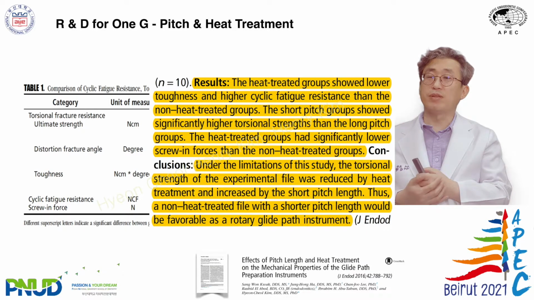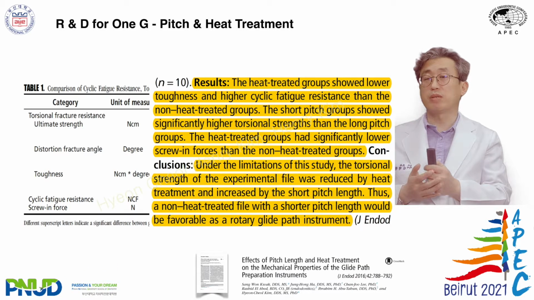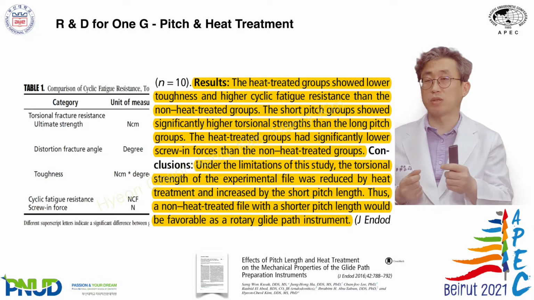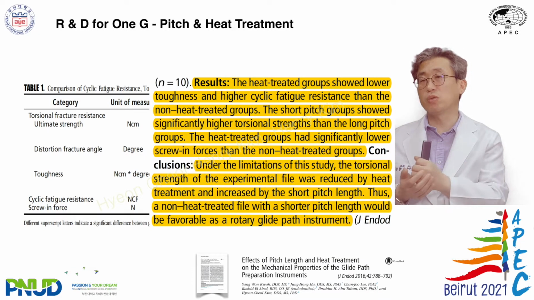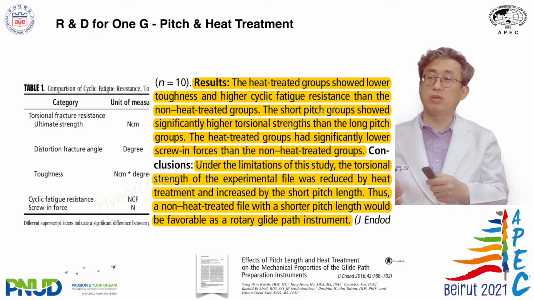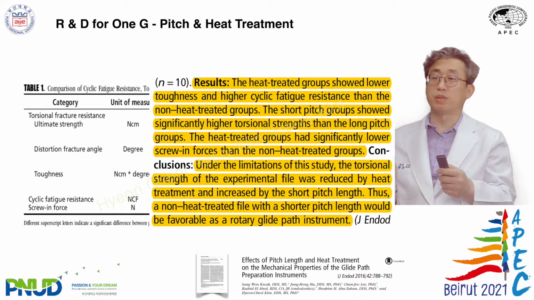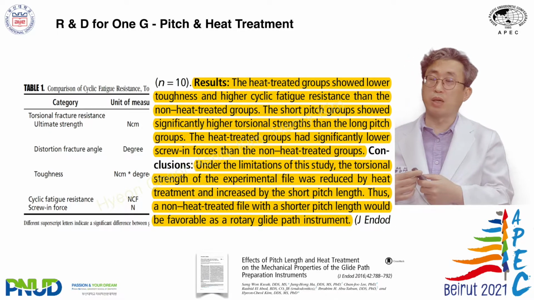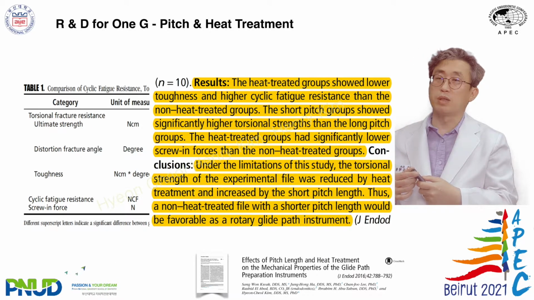This study revealed that the shorter pitch is better to have the higher torsional stiffness, and the heat-treated instruments are not good to keep the higher torsional strength, because for the glide path instrument, torsional resistance is much more important than the cyclic fatigue resistance. So the 1G did not go through the heat treatment. This is one sample study for the R&D of the nickel titanium instrument.